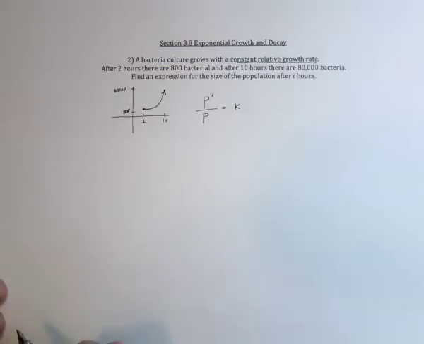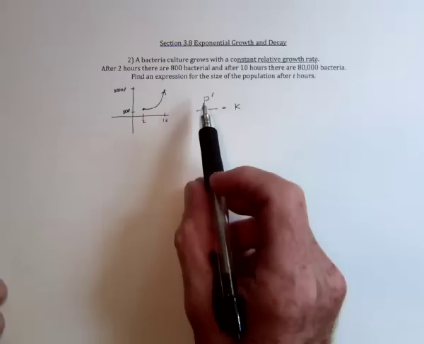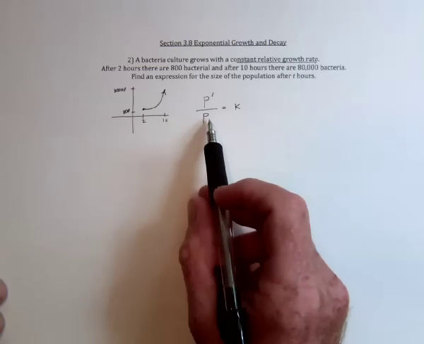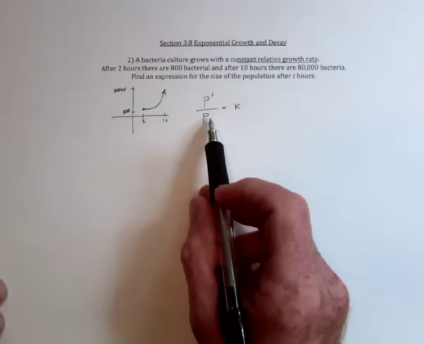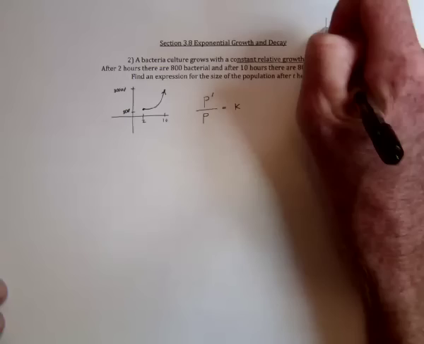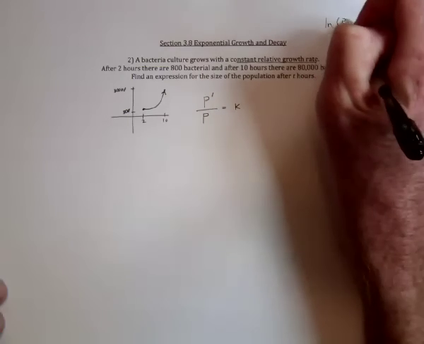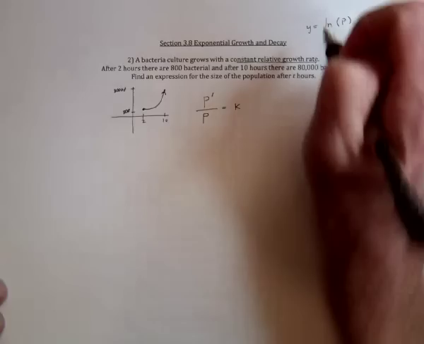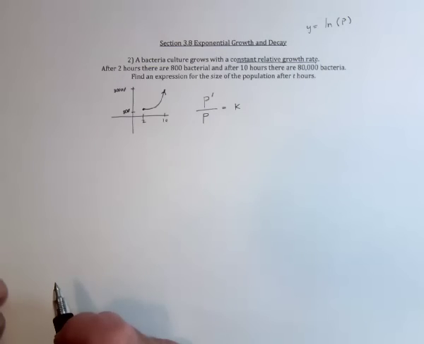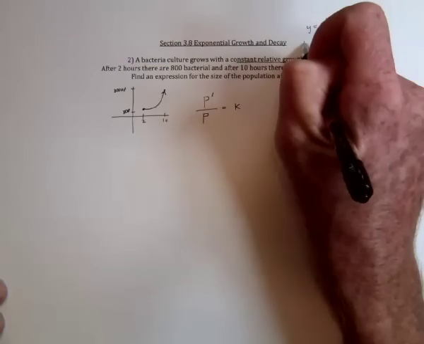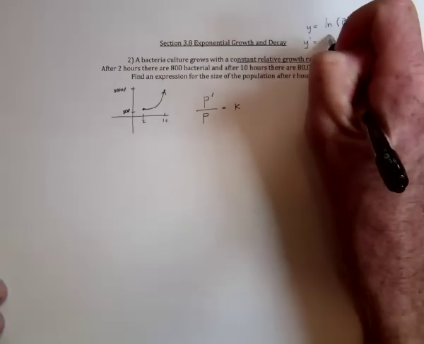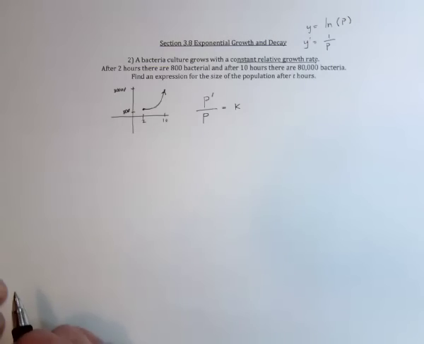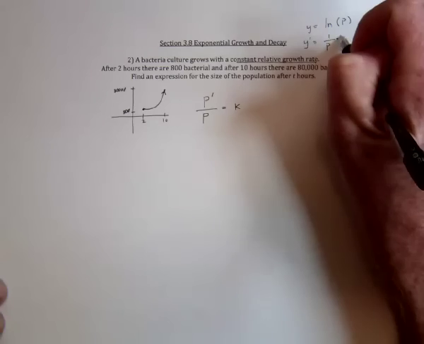or expression. Well, since this is the derivative of something divided by that something, that's actually coming from the natural log of that something. So if y were equal to the natural log of p, then take the derivative of it, and first of all the derivative of natural log would give us 1 over p, and then the chain rule would say take the derivative of the inside.